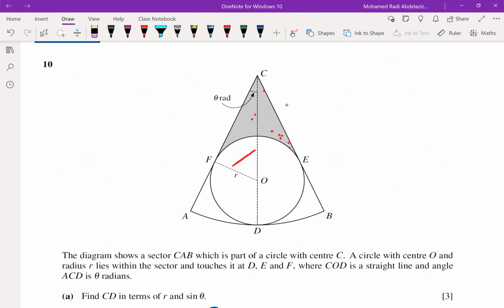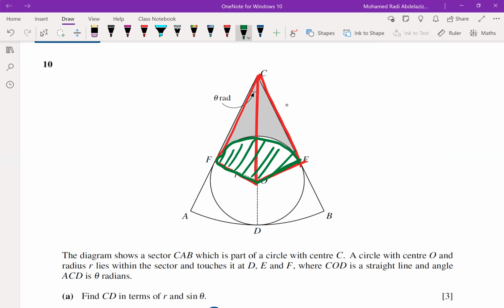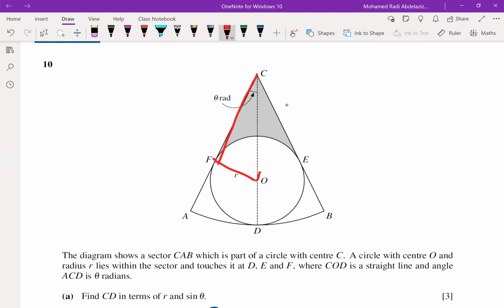Or you can find the area of one triangle, multiply by 2 to get the whole kite, then remove this sector. You can find the area of shaded. I will apply the first one. We'll find the area of the right-angled triangle, then subtract this sector, then multiply the answer by 2.